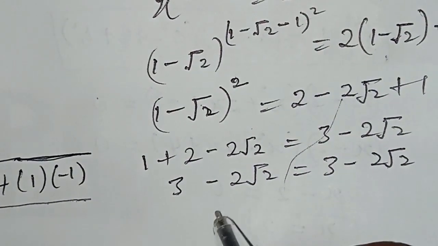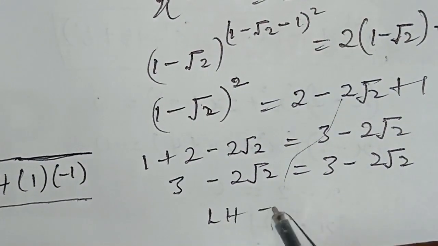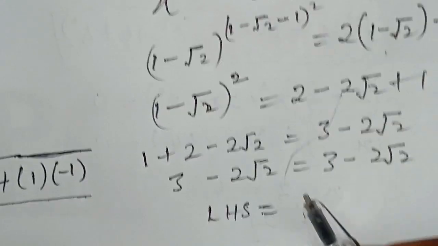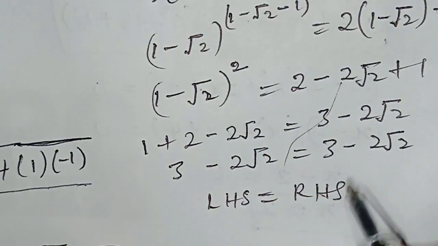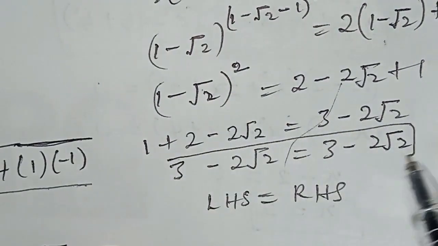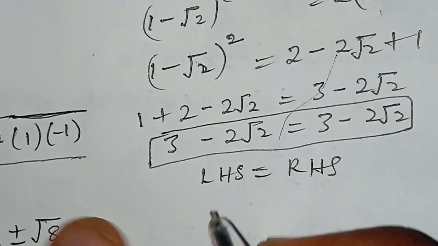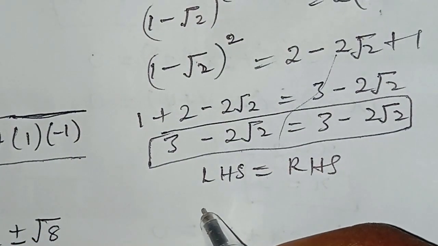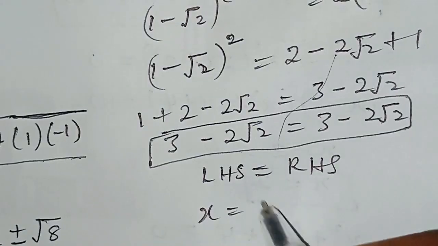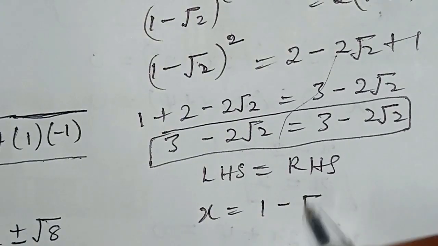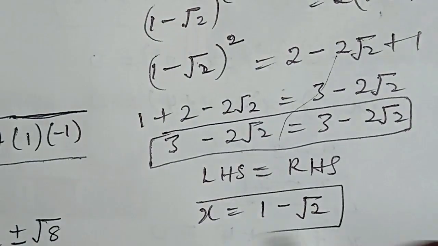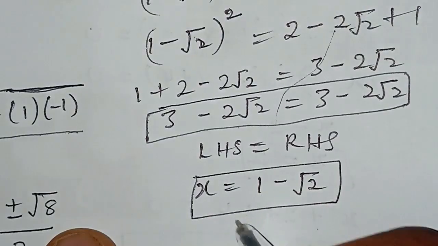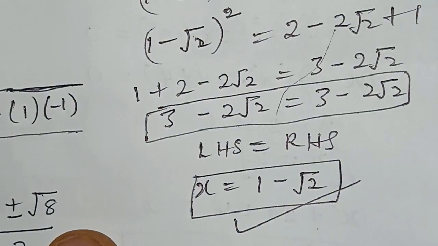Which implies that the left hand side is equal to the right hand side. Implies x equal to 1 minus the square root of 2 is a correct value of x as well.